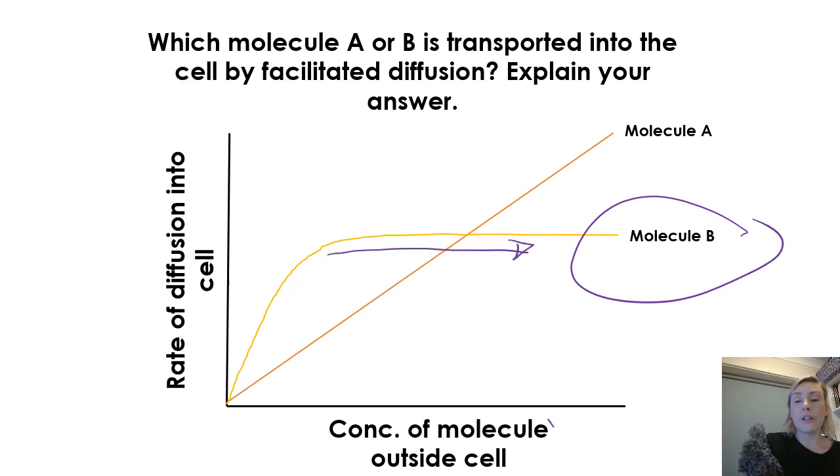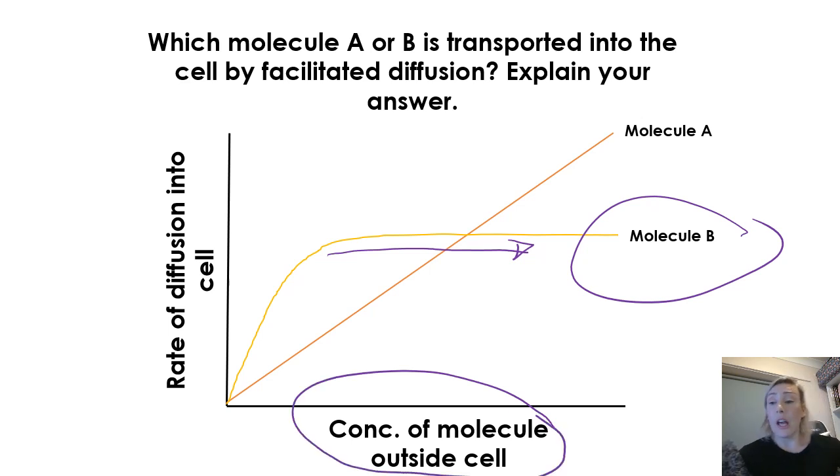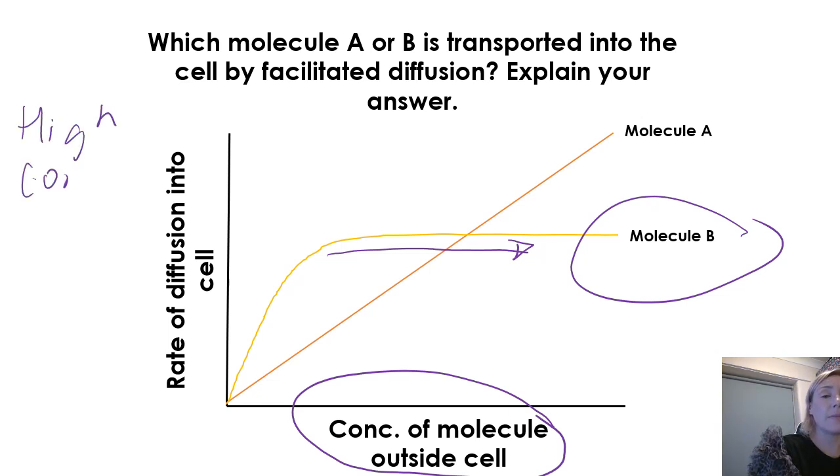If you look at what's changed, the concentration of the molecule on the outside of the membrane has gone up. Now, you know from your GCSE studies, the steeper the concentration gradient, the faster the rate of diffusion normally.